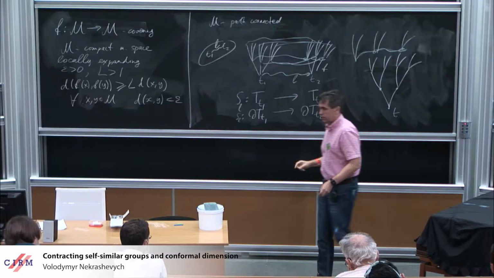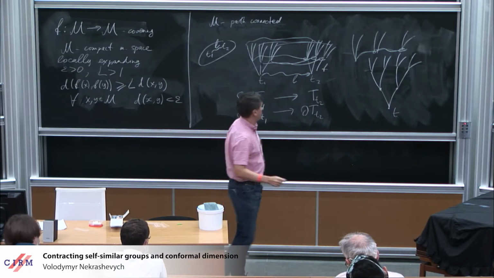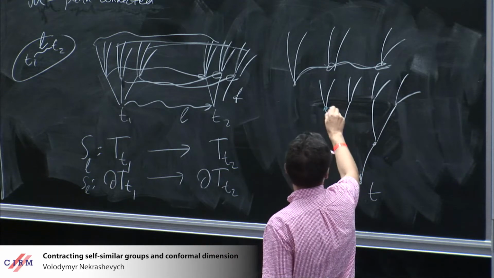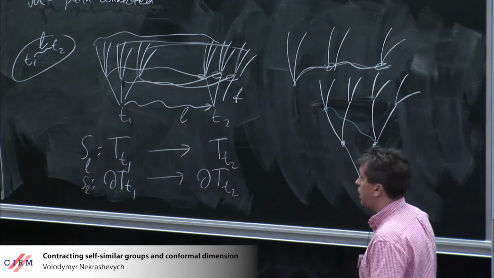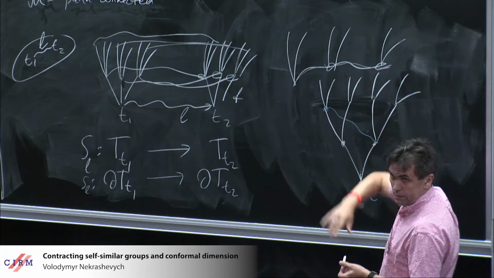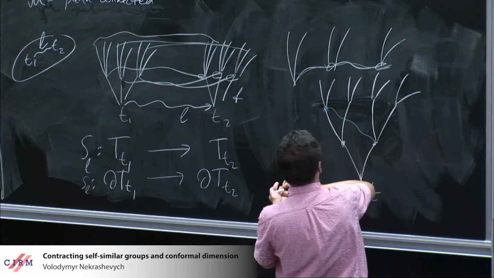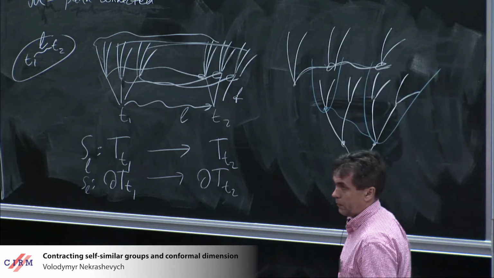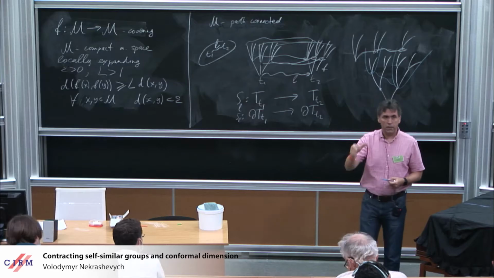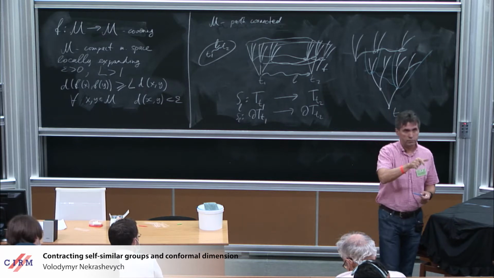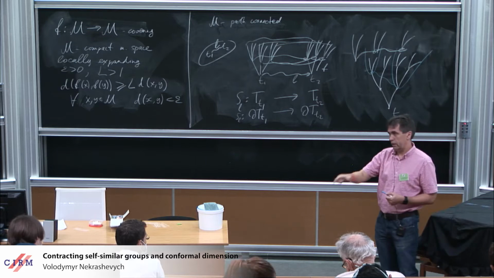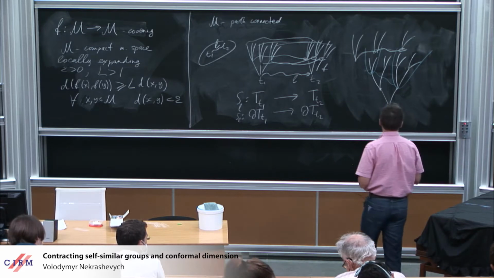And then for any path inside M from one point to another, when we lift these paths, we'll get an isomorphism from this tree to this tree. So on the boundary of the tree, we'll get a homeomorphism between a clopen subset of that boundary and another clopen subset of that boundary.